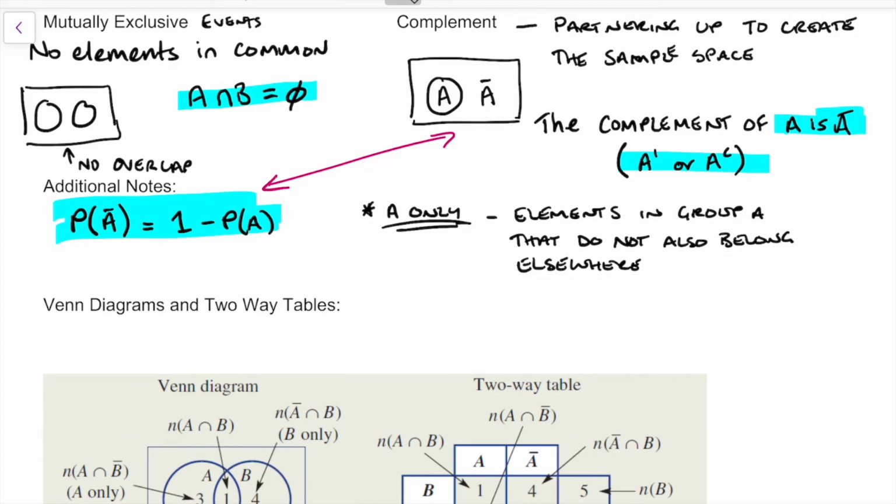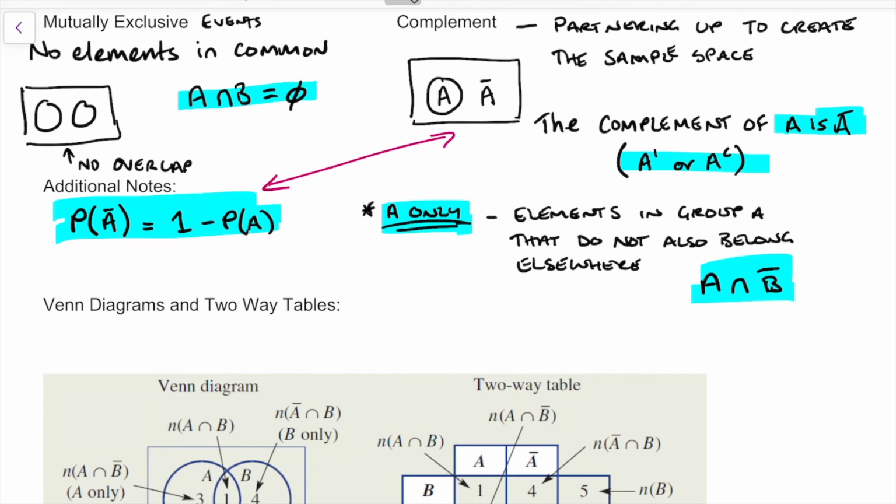We would write that as A intersection not B. So it has to be in A, but it can't be in group B. So that's our A only formal notation.